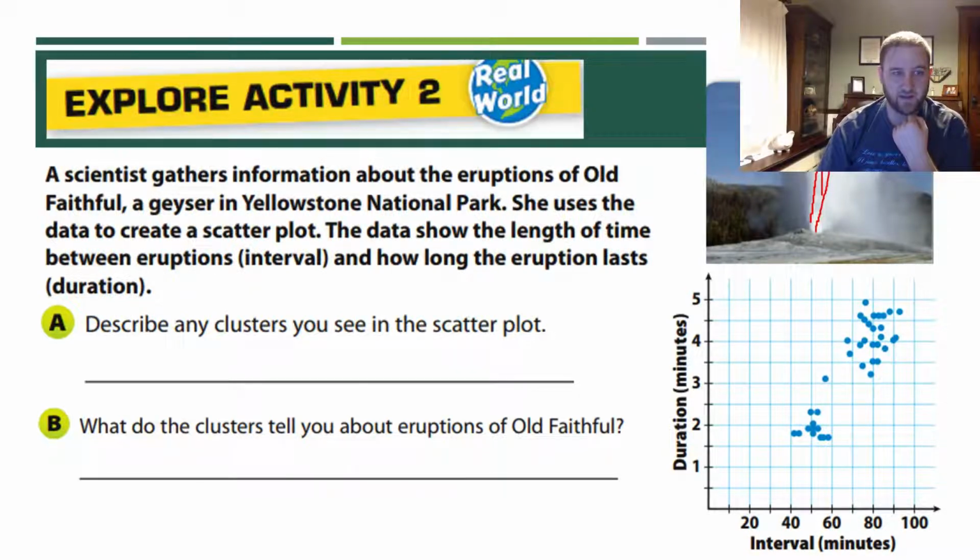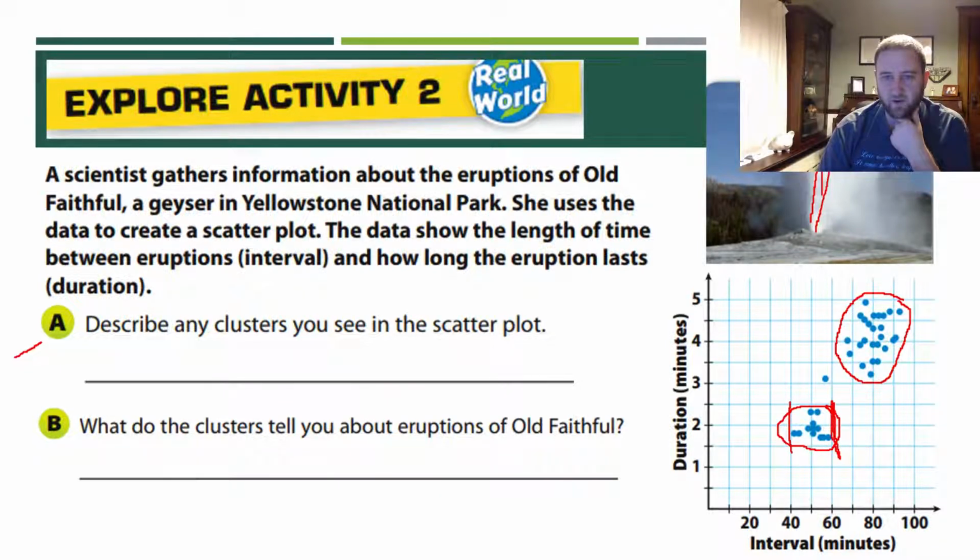Part A says, describe any clusters that you see in the scatter plot. Remember, the clusters are the points that are grouped together. I see 2 main clusters here, right? There's a cluster right here, and then there's a cluster right here as well. So there are 2 clusters. This cluster is between 40 and 60 minutes.